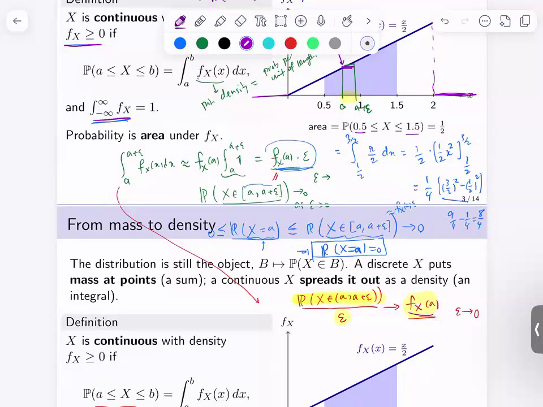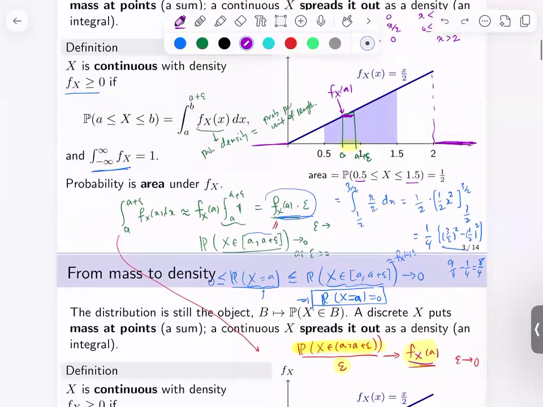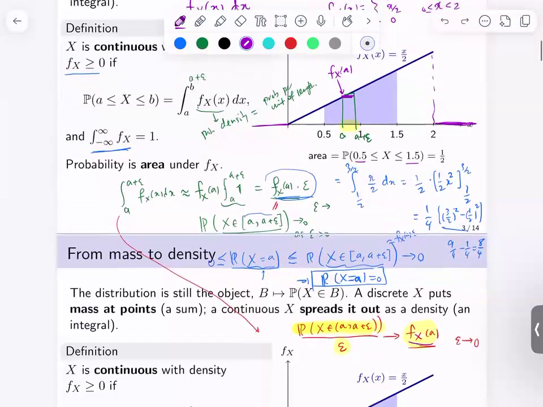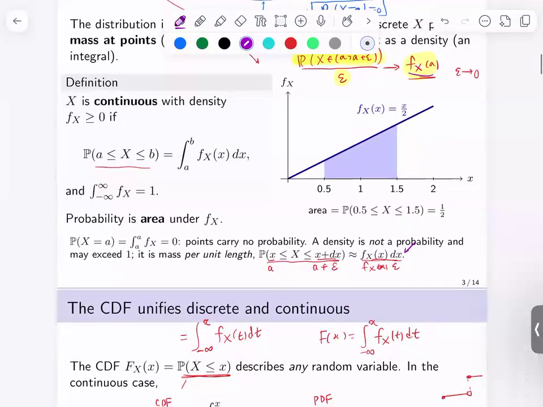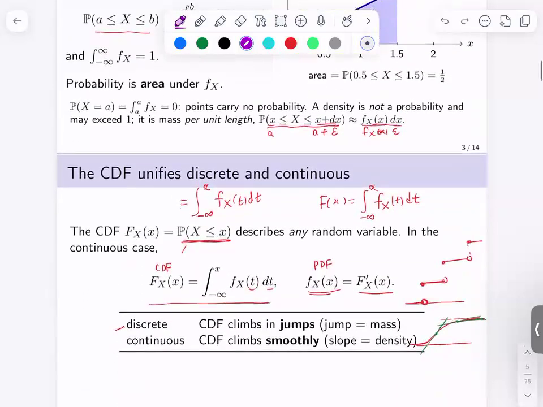Given these two properties, a function can be a PDF. There is no other constraint other than being integrable. These are the things that we discussed. Any question about this? The idea is important, and it's different from the way we work with discrete random variables.